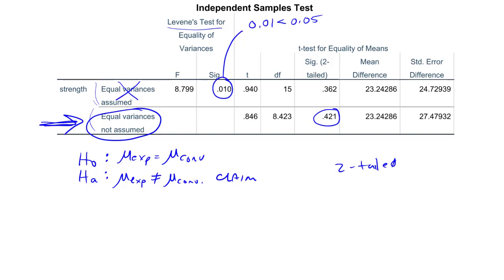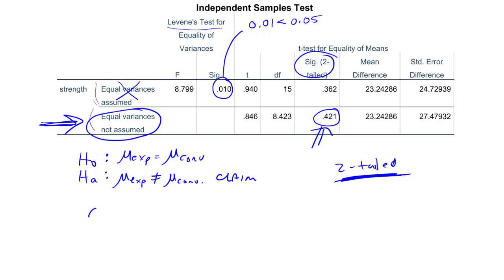So we saw the information above and found our p-value, and because we're two-tailed, we're going to use what's given. Remember, the given significance is the two-tailed version. That p-value is two-tailed. If it were one-tailed, we'd have to divide by 2.